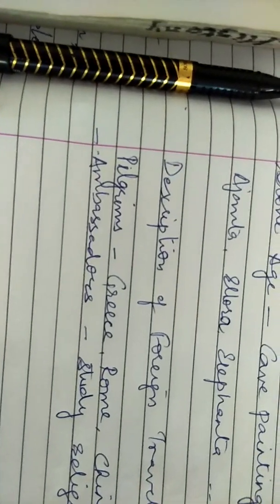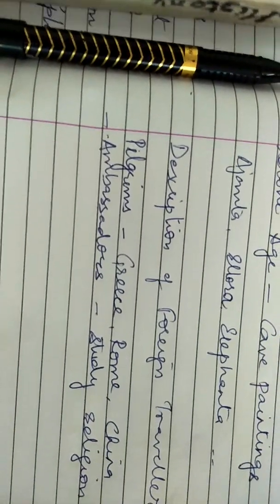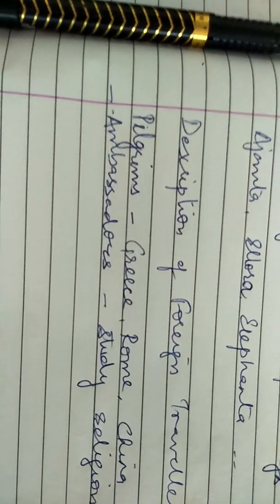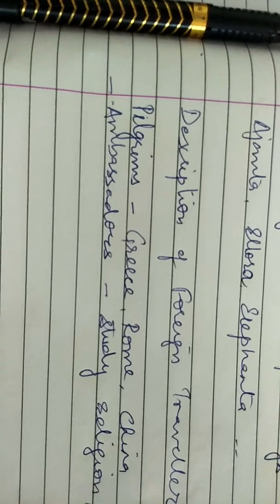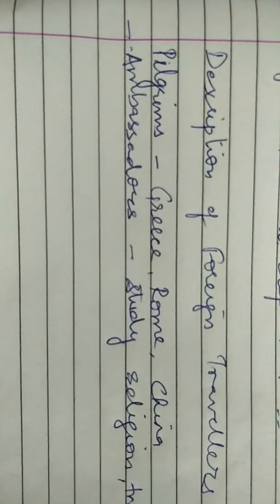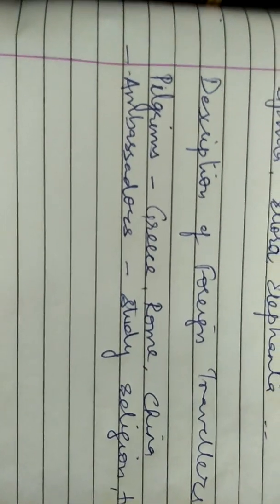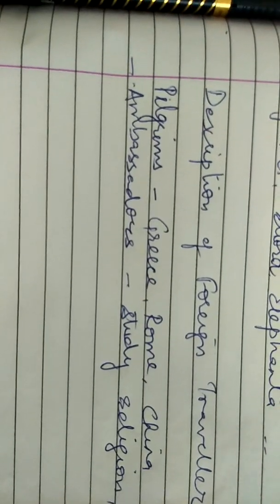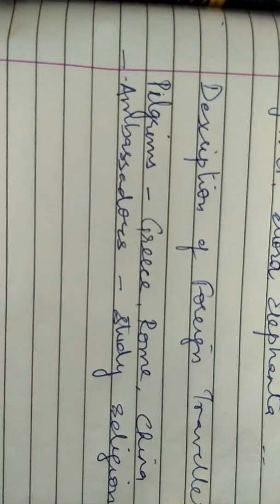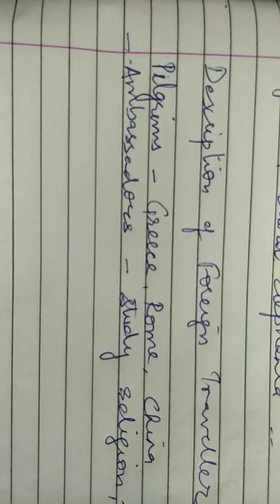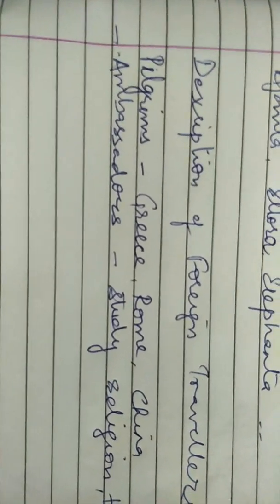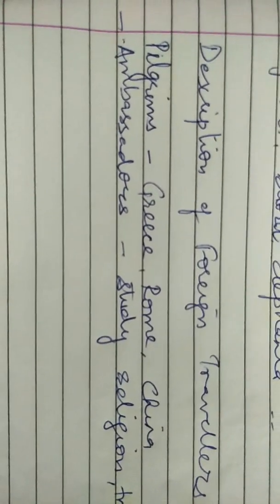Whatever they had written during that time has become a source of studying history. People from Greece, Rome, China came to India. They have written a lot about India. And we can see that we had trade relations with other countries also. So the accounts of the foreign travelers helped us to know more about the past.